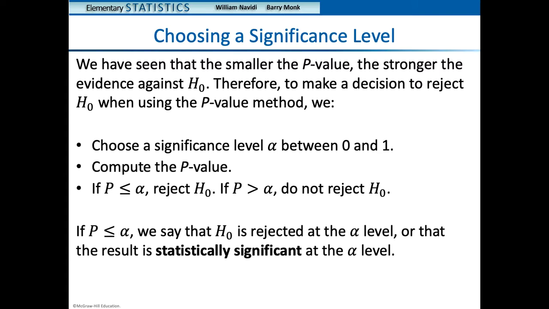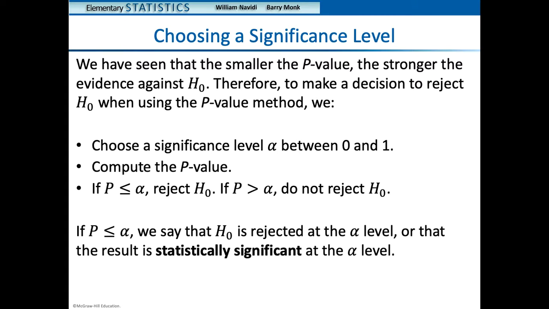It's fairly common to use the Greek letter alpha to represent that. It's a number between 0 and 1, but it's always going to be much closer to the 0 side. Common values for alpha are things like 0.05 or 0.01. That is always chosen at the beginning.